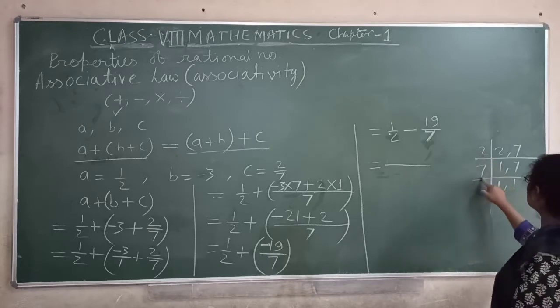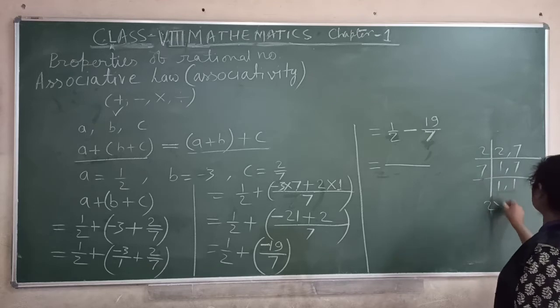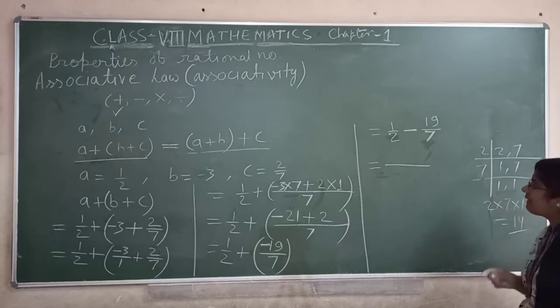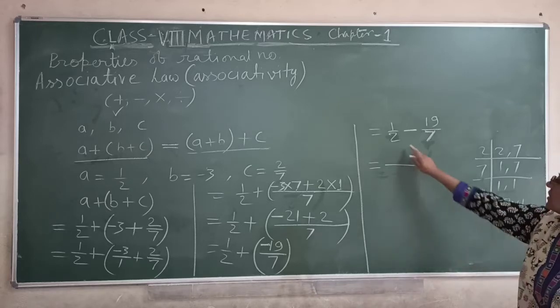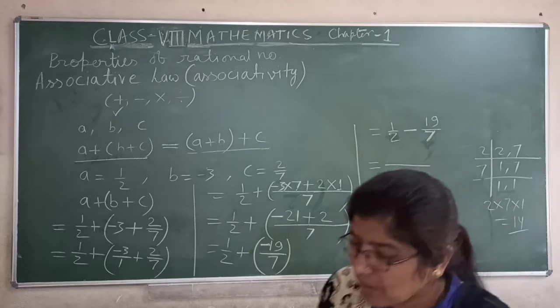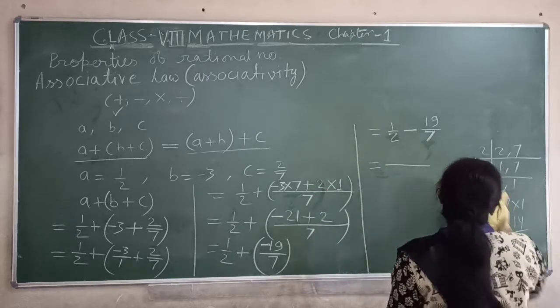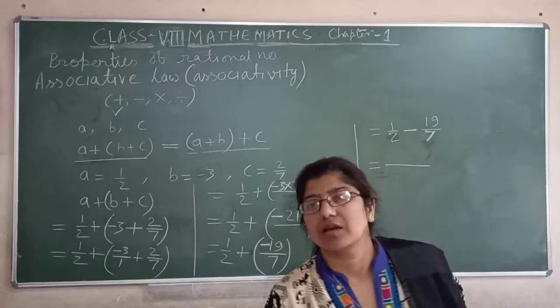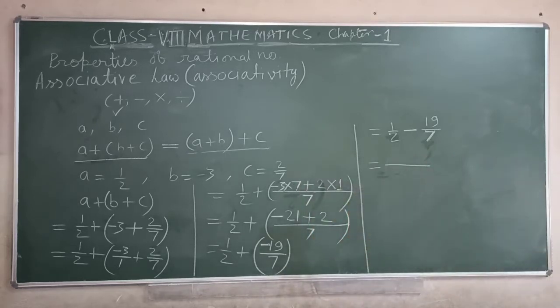So 2 into 7 into 1 equals 14. And the direct method: 2 and 7 are co-prime numbers, so you can directly multiply. Co-prime means the common factor is 1 only.